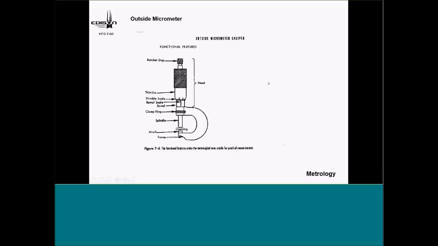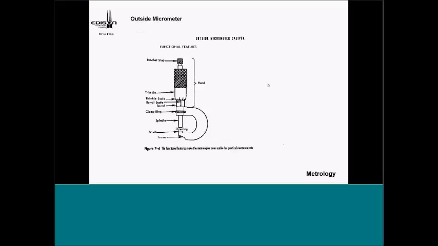And then we talk about the various parts of a micrometer. I'll hit the anvil, the spindle, the opening, the frame. I'll talk a little bit about how some mics have ratchet stops on them and what they're used for. Talk about the thimble scale, the barrel scale.